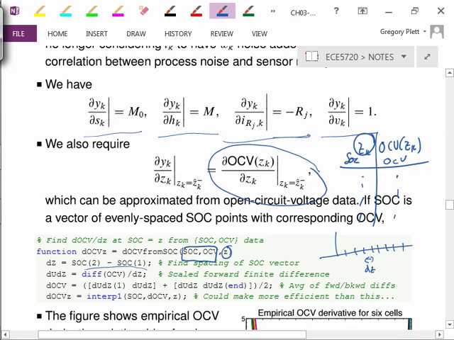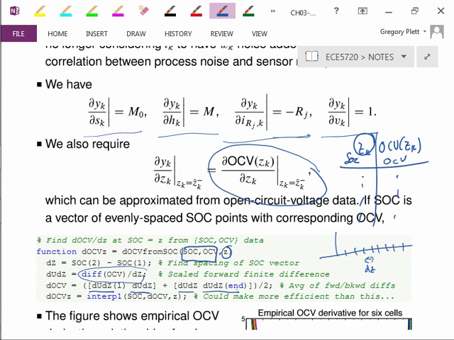So first I use MATLAB to find diff of OCV with respect to z, divided by dz, which is basically a derivative itself, except the length of the output is one fewer than the length of the input, and that causes us a problem. So I'm going to take the derivative and shift it over one and pad on the left, and I'm also going to add one entry padding on the right, and add those two derivatives together, divide by 2, which is basically a central difference derivative approximation.